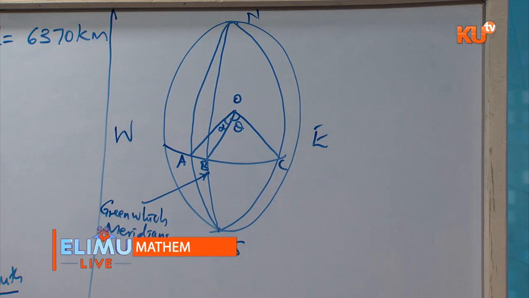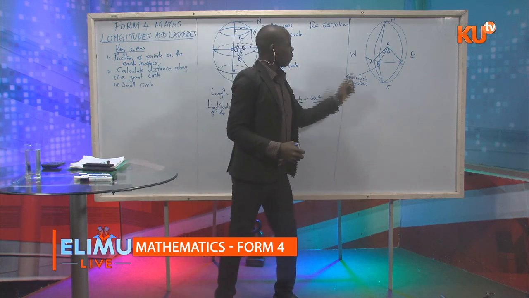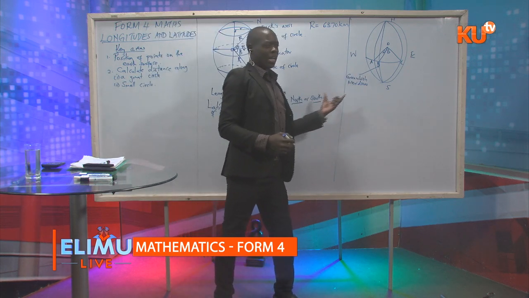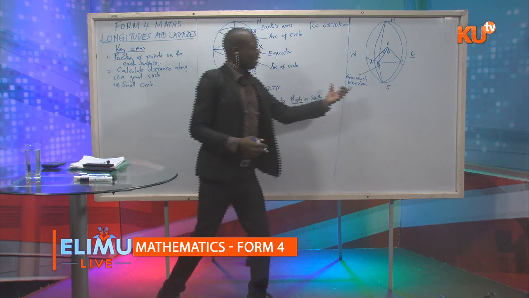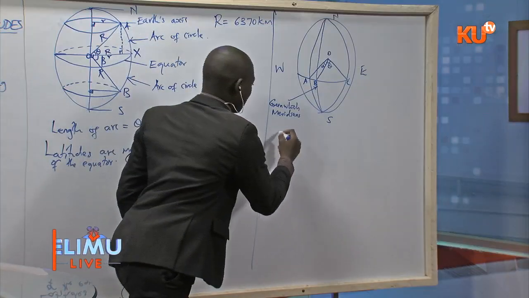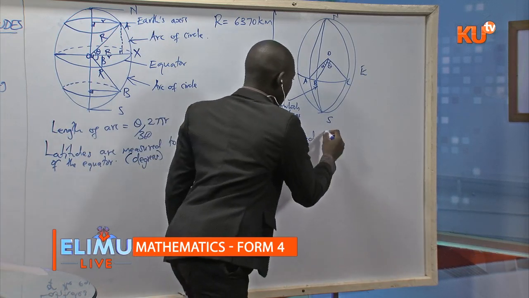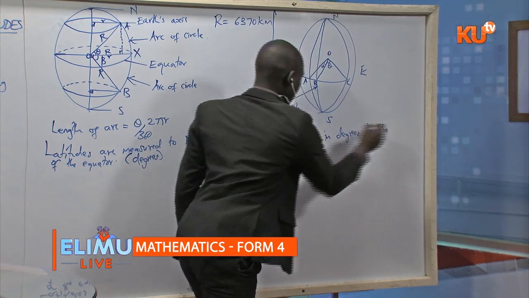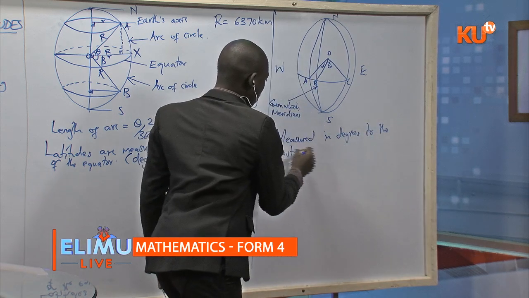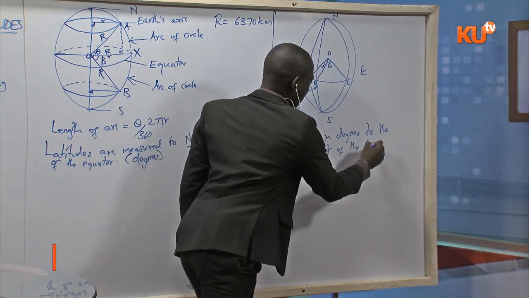So we've located the angles for points A, B, and C, but they are measured from the Greenwich meridian, unlike in the other case where we measure from the equator. So they are simply measured in degrees to the east or west of the Greenwich meridian.